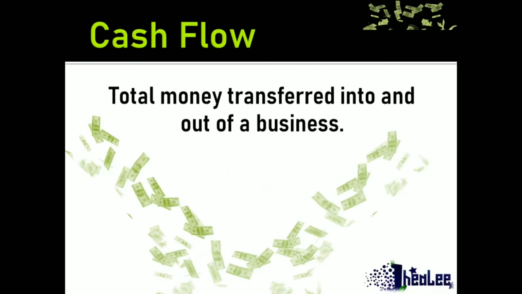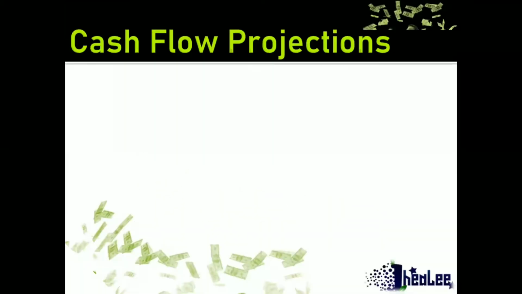But what is cash flow? Cash flow basically includes receipts of cash and payments of cash. So basically, that's total money transferred into and out of a business for a period. Businesses do what is called a cash flow projection.